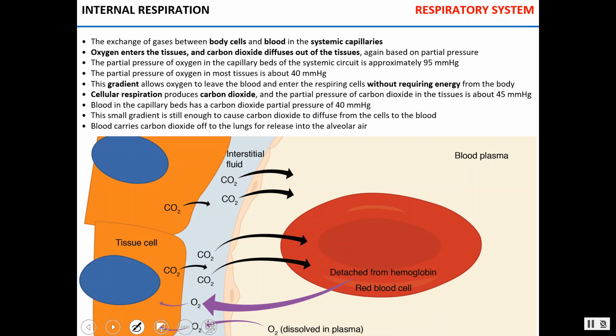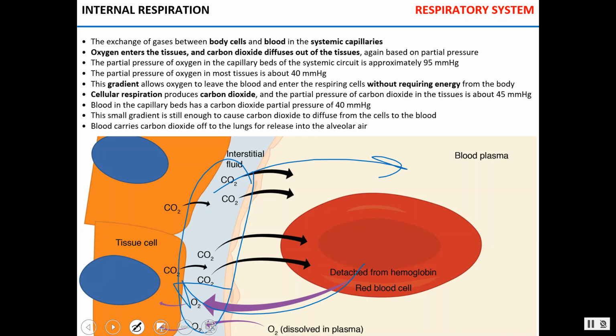Now, in the internal respiration, as we already mentioned, carbon dioxide from the tissues diffuses into the blood, while oxygen diffuses from the blood into the tissue.